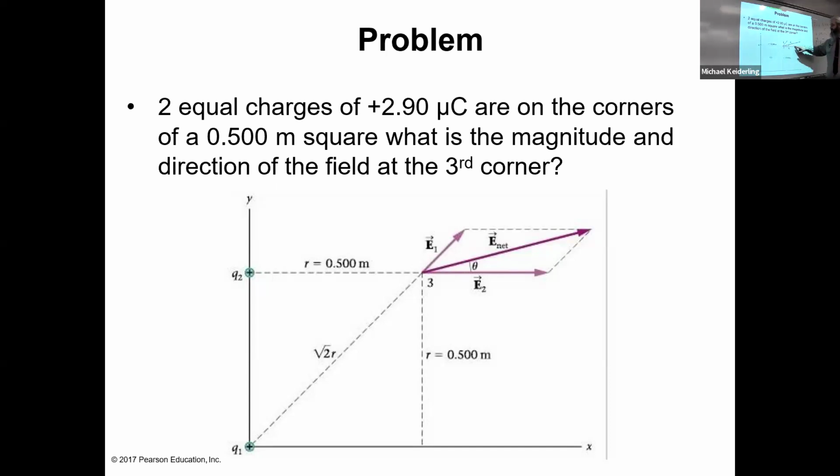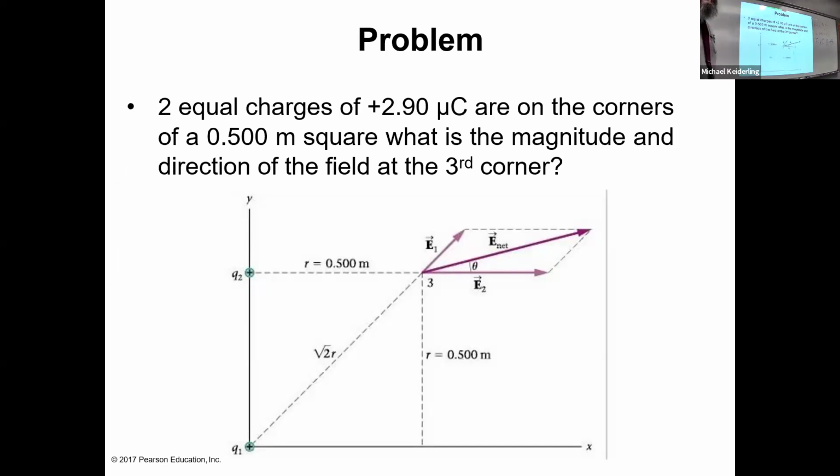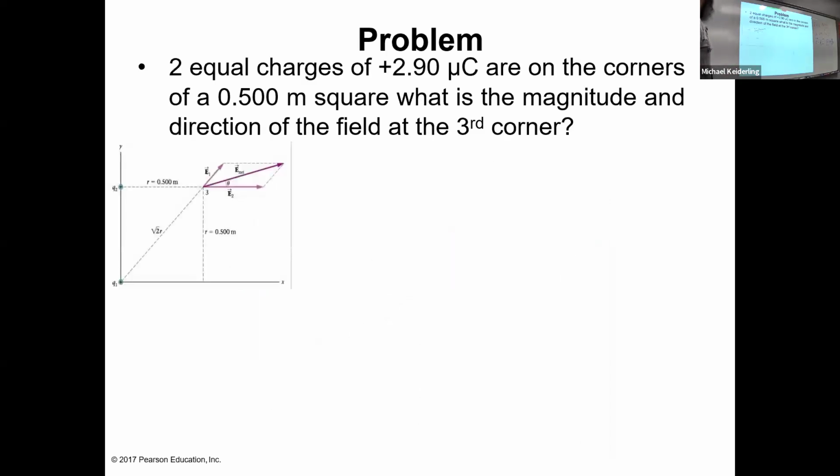We have E1 here, E2 here, E net here. So for this, we can break this down. We want to figure out what E1 is and what E2 is, the size of them, and then their directions, and then add them.